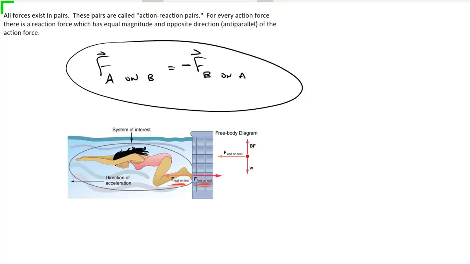The wall on the feet goes to the left and the feet on the wall go to the right. One way you can always note if it's an action-reaction pair is that these get flipped around. A on B becomes B on A, and you have to have the same magnitude in opposite direction as well.